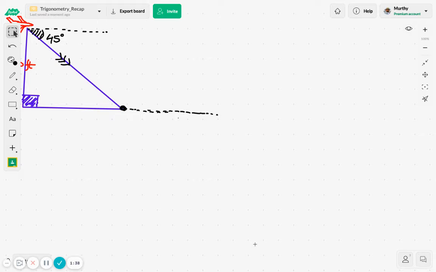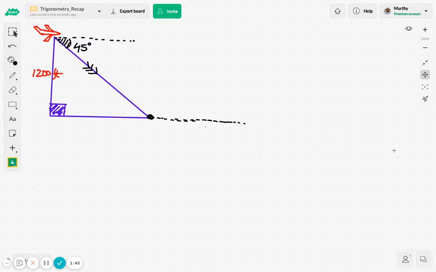So here we know the height of the flight, and we know at what angle the flight is to descend. Then how long the flight has to travel can be solved by using trigonometry.